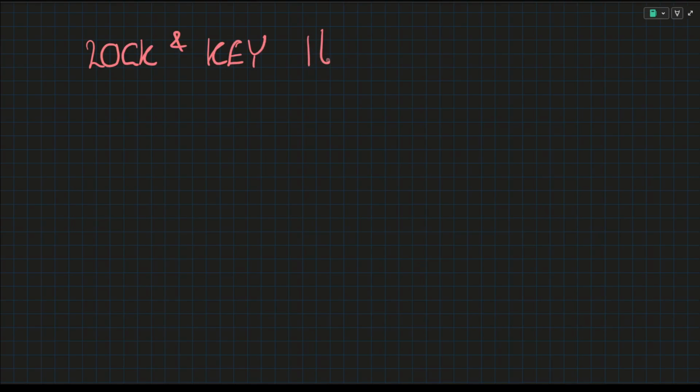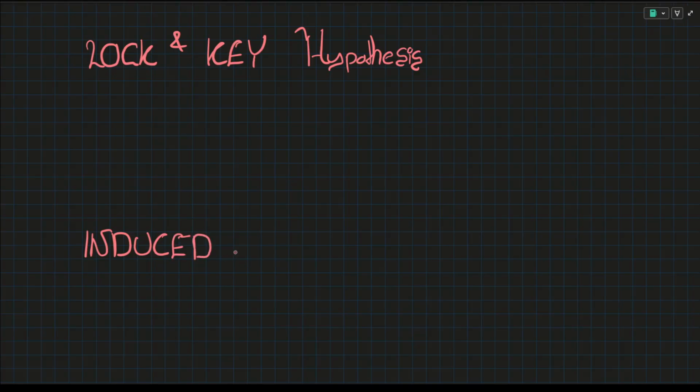These were models that were used to explain the functioning mechanism of enzymes. First of all, we had the lock and key mechanism, but with time we improved, we updated ourselves, and now we have something known as the induced fit method. So the induced fit hypothesis.